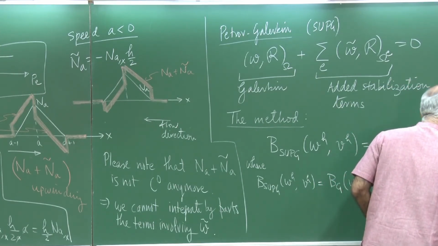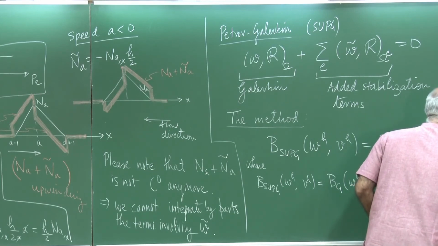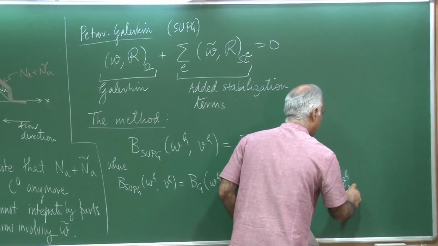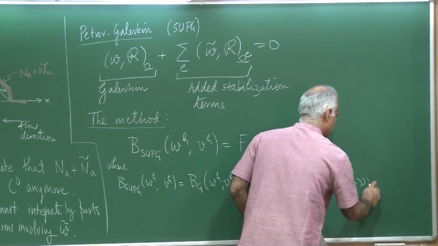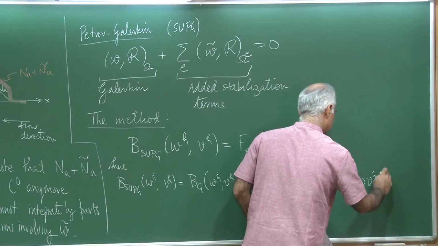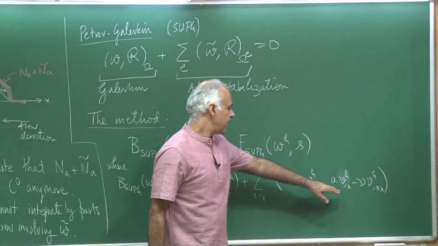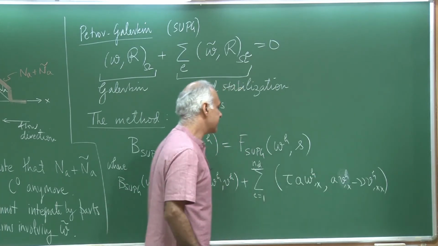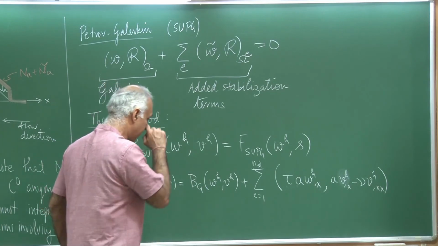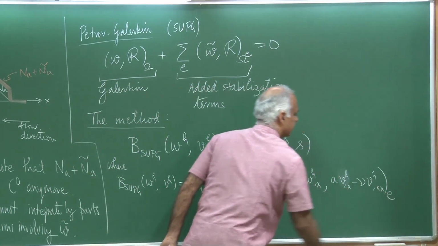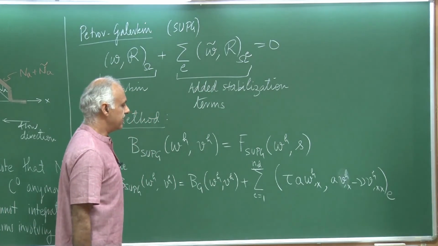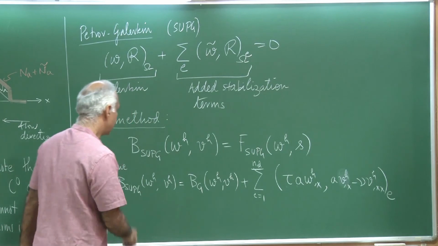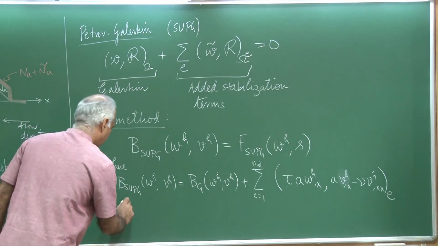So, this would be simply A VH comma X minus nu VH comma XX. Notice this time I am not integrating by parts. Okay, so, I have left it as is. So, that is the term, and I put an E here just to highlight that this inner product is over the element level domain.